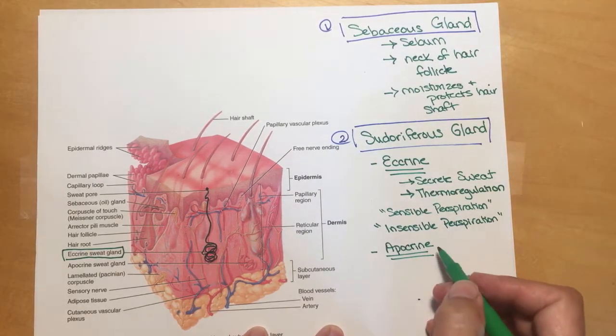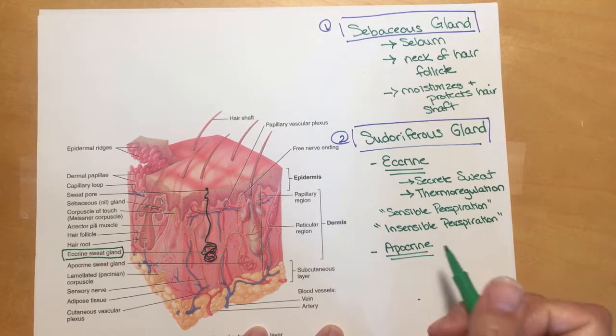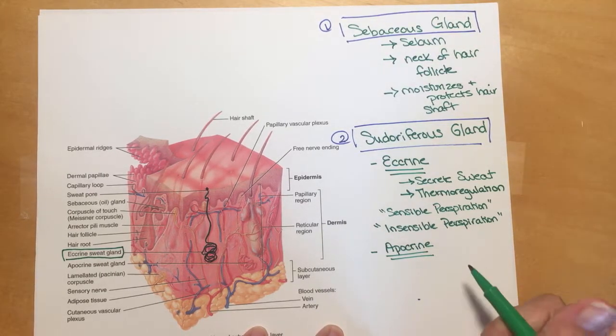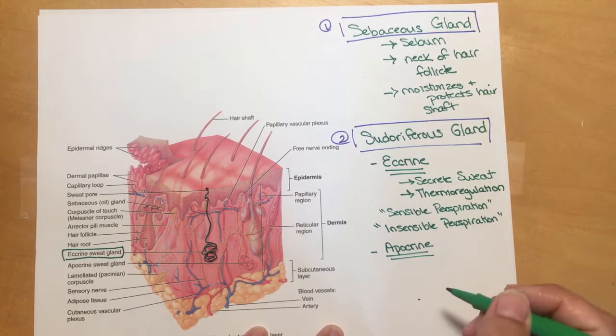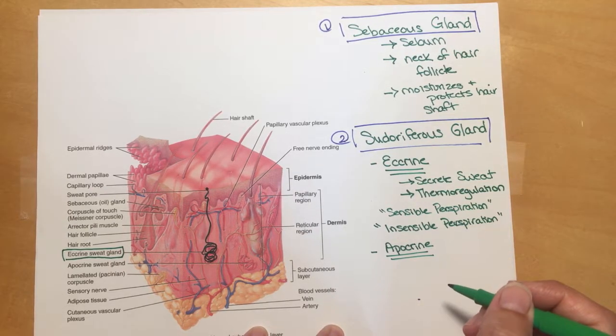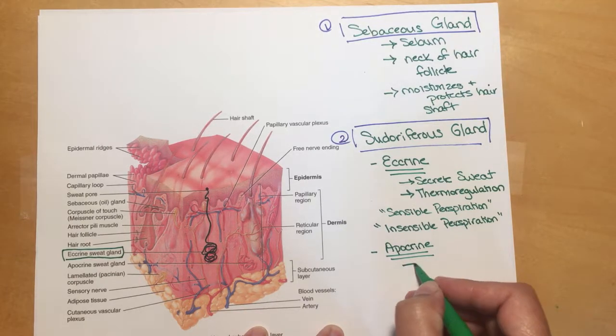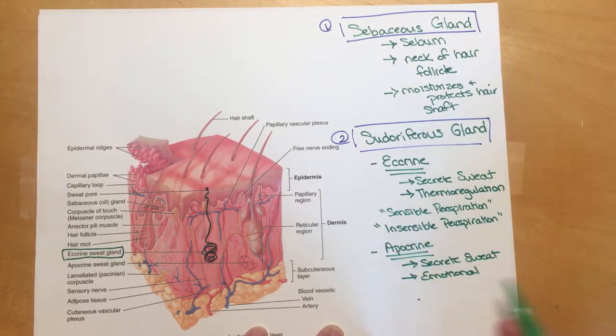Apocrine sweat glands can be found in the armpits, in the groin, around the areolae of the nipples. These are not associated with thermoregulation. So they're going to secrete sweat, but the sweat is associated with emotional activities and sexual activity.